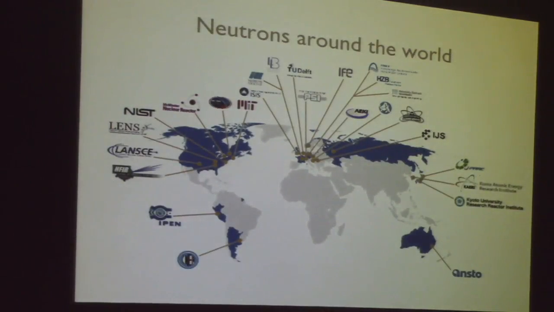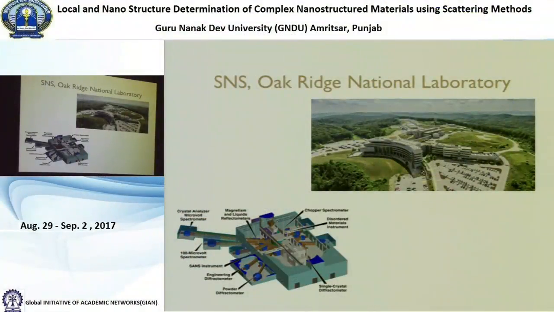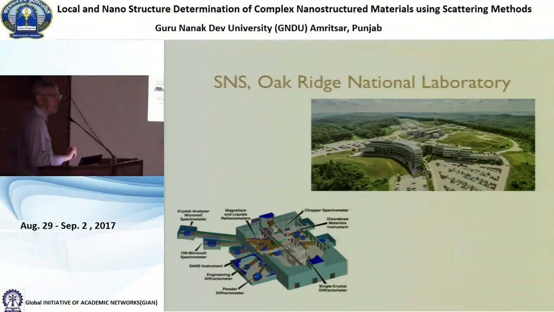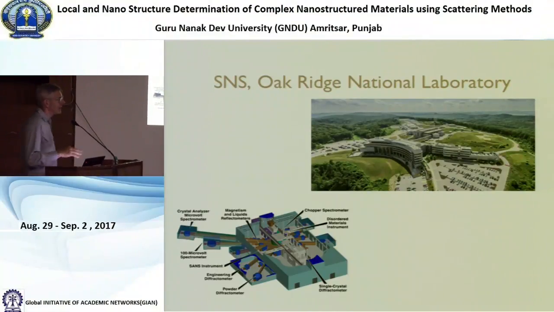But a key aspect of this approach from our perspective is that for this to work, you can't actually properly moderate the neutrons. The neutrons go into a moderator, but you want them to come out of the moderator as quickly as possible, because if you leave them in the moderator a long time to properly thermalize, you don't know how long they stayed in the moderator, and your pulse gets very broad.